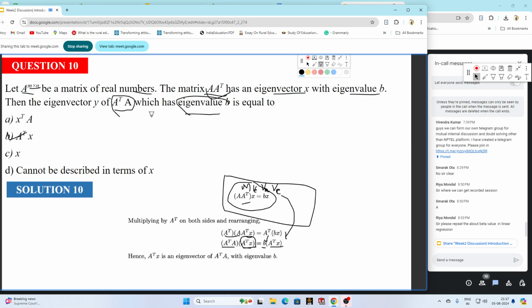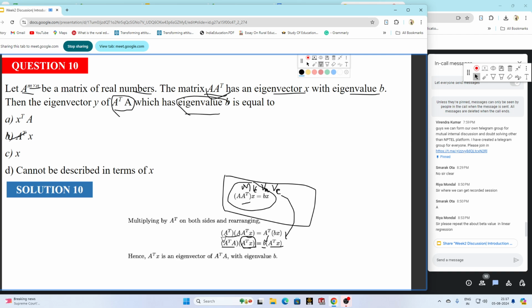Now they have asked to find the eigenvector of A transpose A. How can we find the eigenvector of A transpose A? If we multiply A transpose on both sides, we get this.